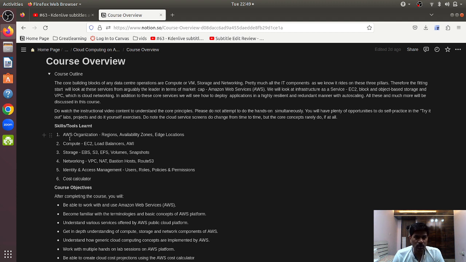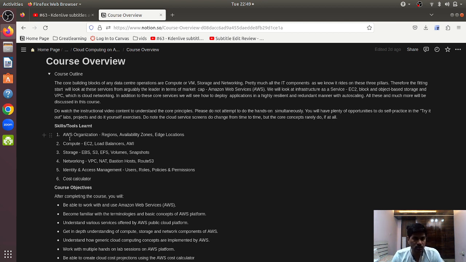Then we'll look at the compute aspect. Compute means what is EC2, what are load balancers, what is AMI. I don't know the full form. It's just an overview I'm giving you.